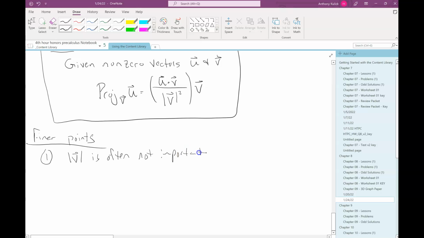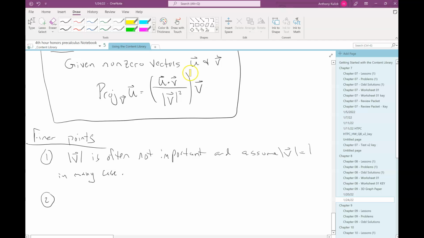So it's often not important, that length of vector v. So we can assume that the magnitude of v is 1 in many cases. What really is important to us is the direction of v.